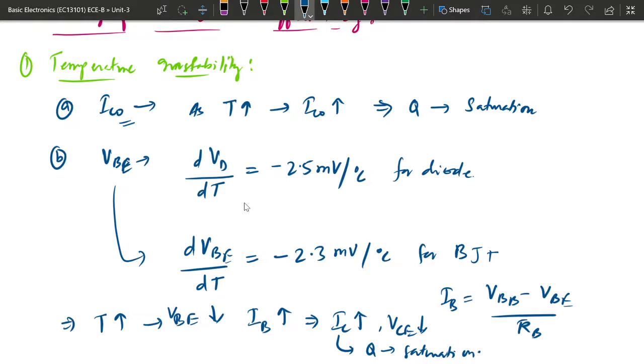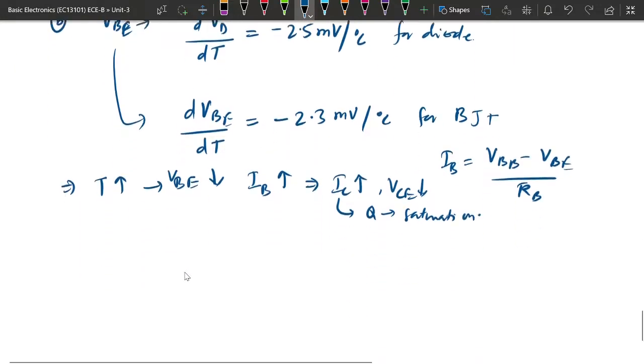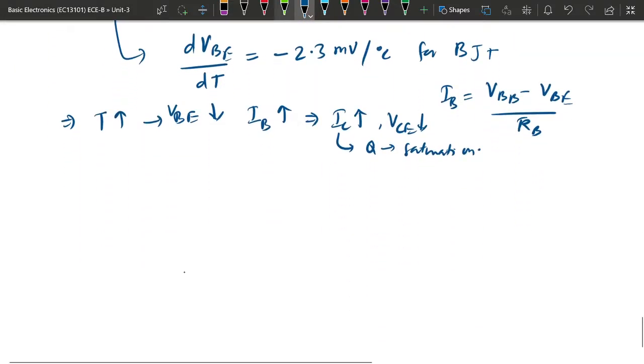As the collector current increases, the Q point moves to the saturation side, and that is going to distort the output signal. So we need to avoid that. This affects the stability: if we are getting a distorted output, that means the stability of the circuit is less.